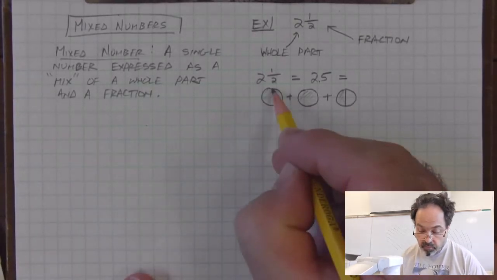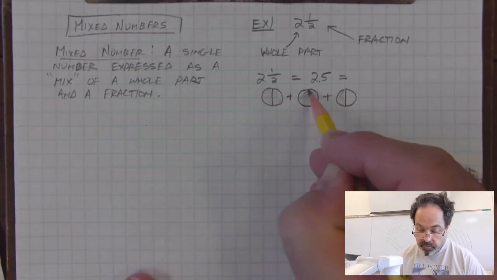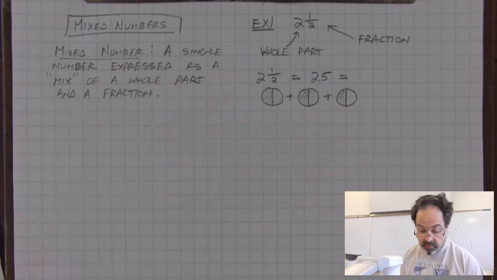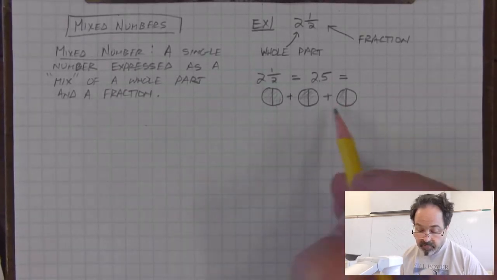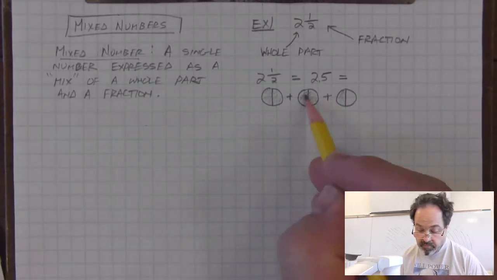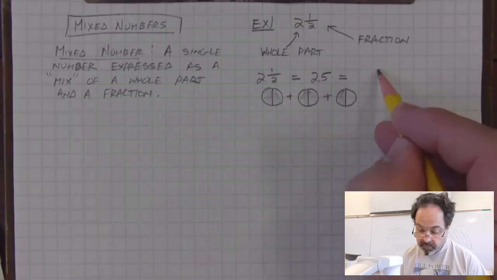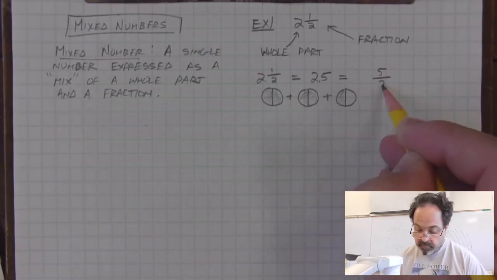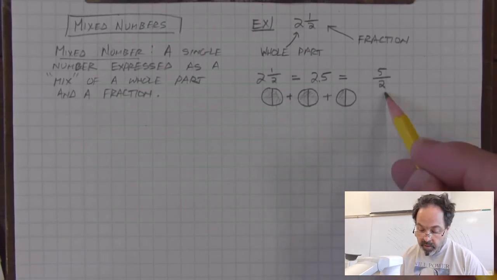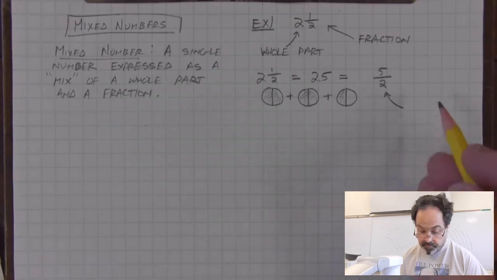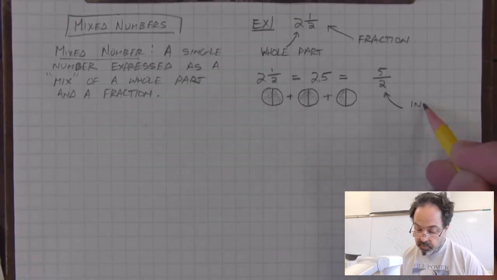And each of these wholes we can visually represent as being 2 halves. So how many halves does this represent, the 2 1/2 or the shaded region? There are a total of 5 halves. When we convert a mixed number to be just a fraction, this is called an improper fraction.